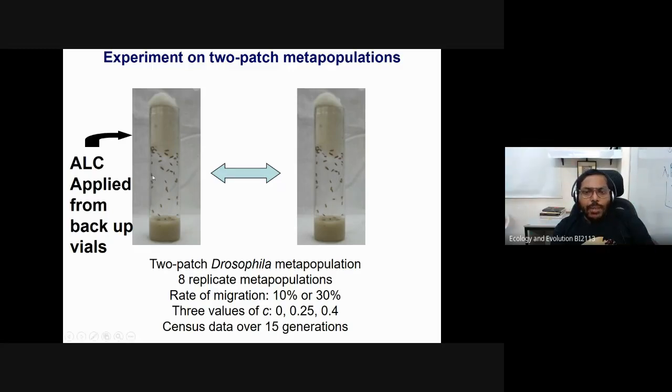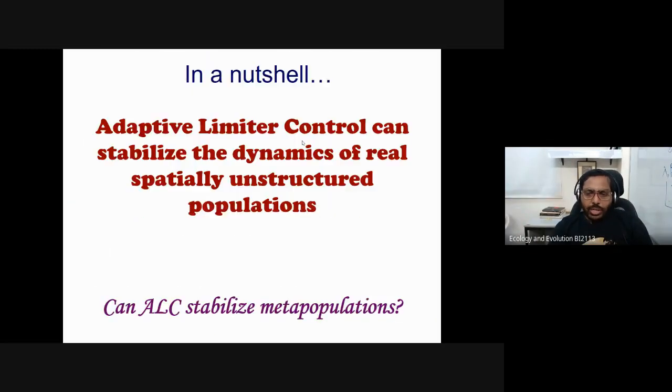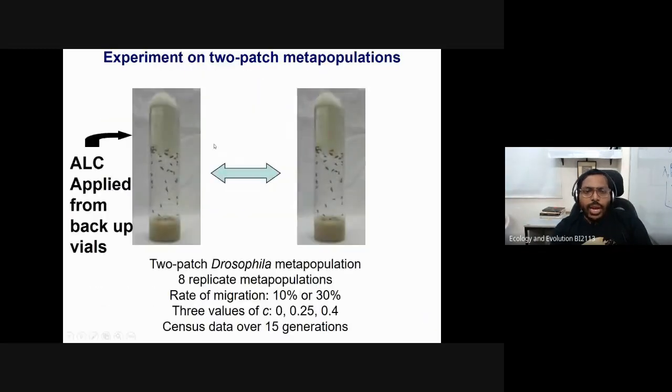Therefore, if we applied it to both of them, then individually each one's fluctuations would have come down, and therefore the ensemble's fluctuation would also have come down, which is not an interesting result. That is the reason we applied the ALC just to one vial and not to both.